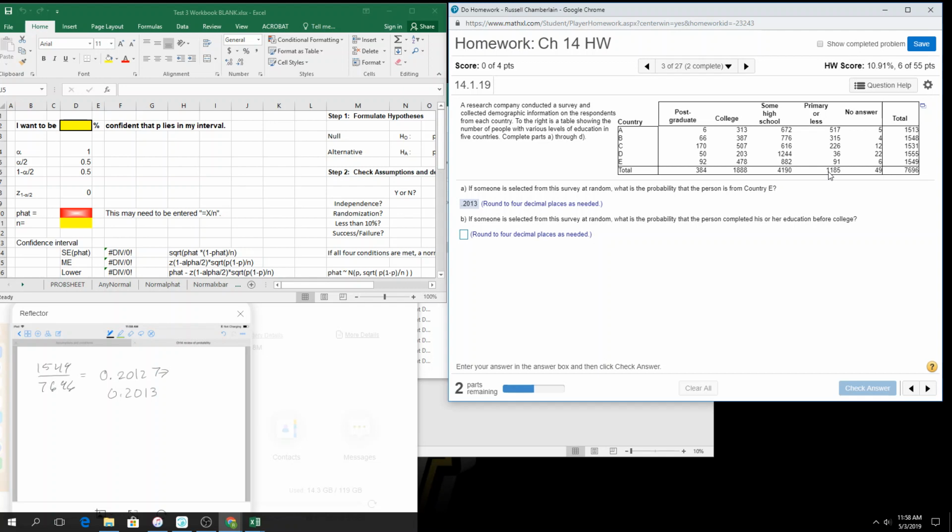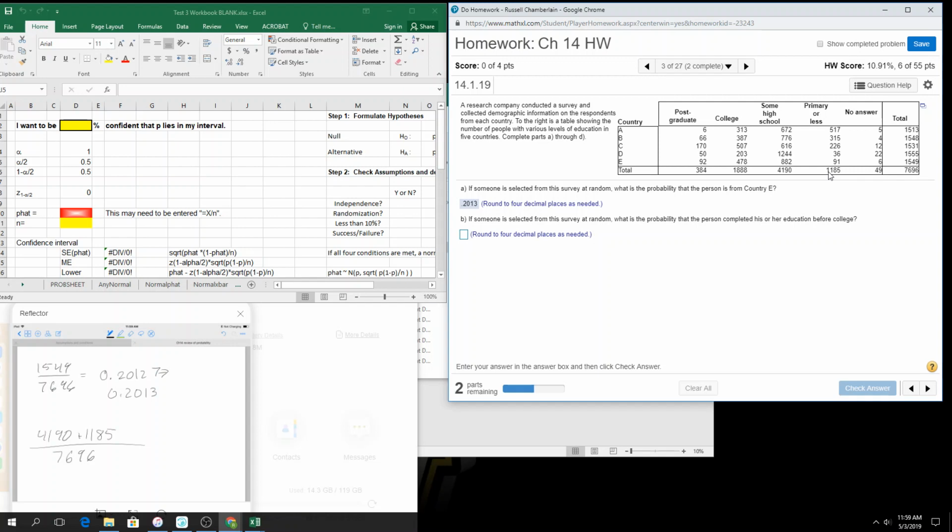I add those together, out of a total. So these are the two outcomes that get me someone with high school or primary education or less, right? And these are the total samples, the total number of people I could have, right?